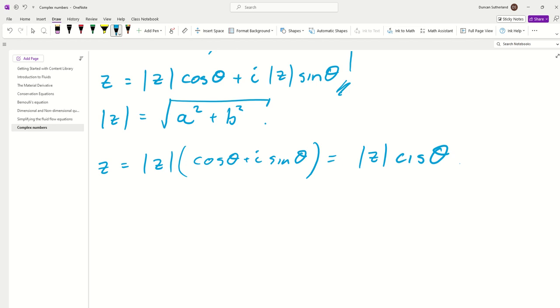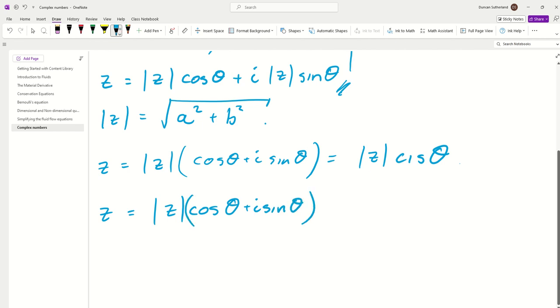That is, that z, the complex number z, can be written as this, and it can be written as that. Well, this is called the exponential form, and this is the form that we like to use because it is very easy to manipulate.